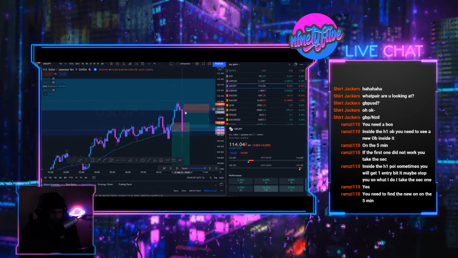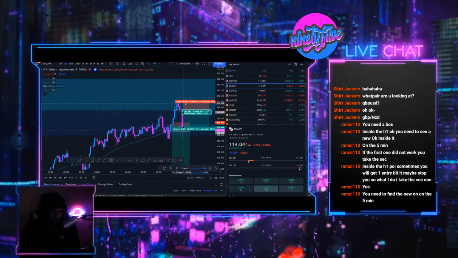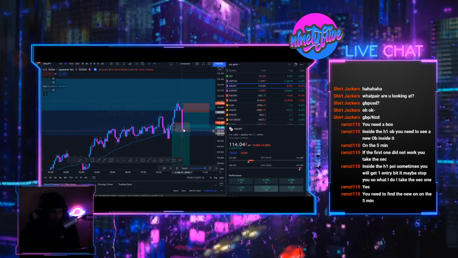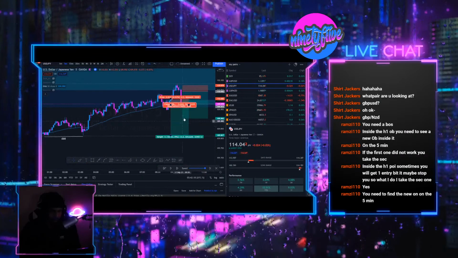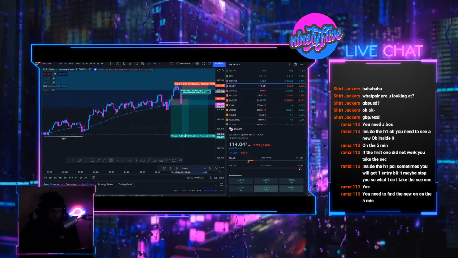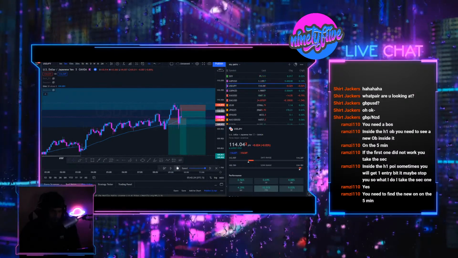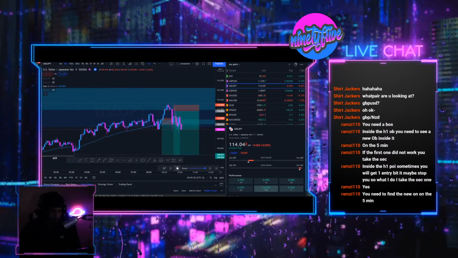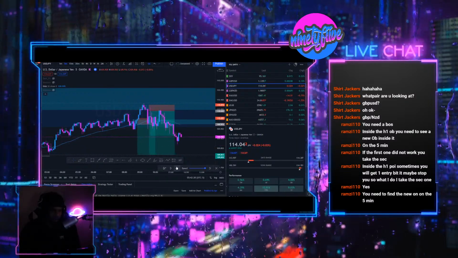So let's say we try to wait for a retracement to this order block on the 5 minute. I feel like we're not going to get that entry on this one. Oh, we got it. Ooh. Is that the move?